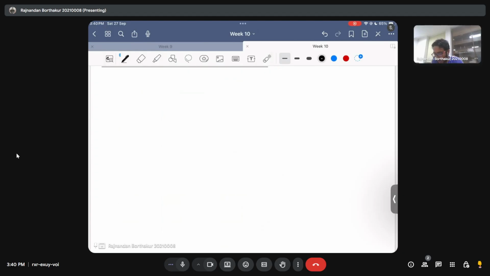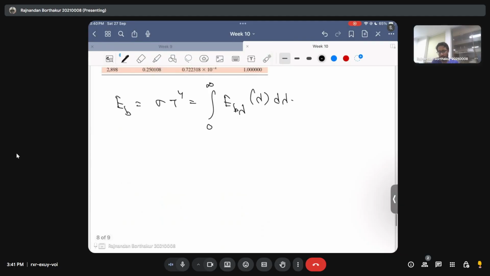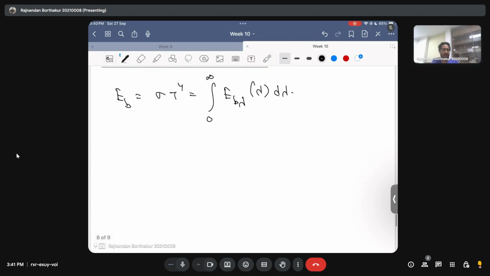But if you realize, what we have been doing so far is considering surfaces to be black. For instance, we saw that the emissive power of a black body is equal to sigma times T raised to the power 4, and this can also be written as the integral over all possible wavelengths of the spectral emissive power, which is a function of wavelength, times d lambda. All these things that we saw are true for a black body.